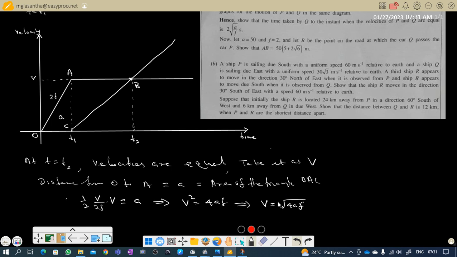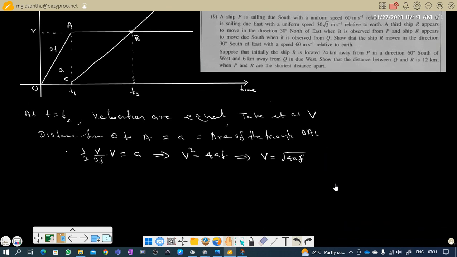But you need to find the instance when the velocities of P and Q are equal. So you need to find time t2. Therefore t2 equals, so this is 2f. So this is v.